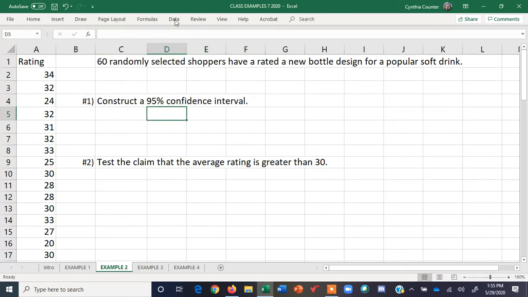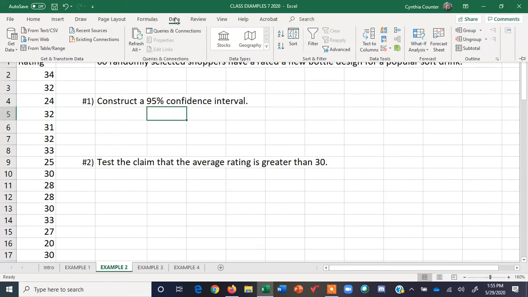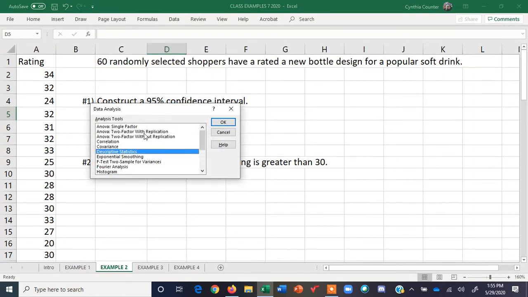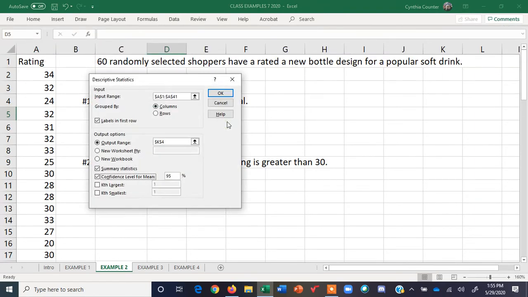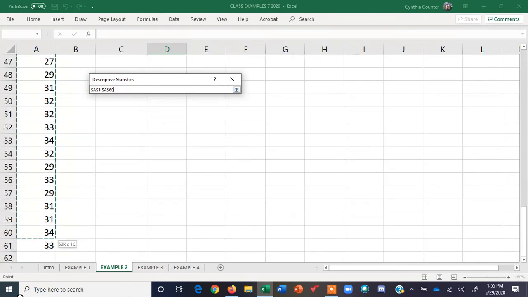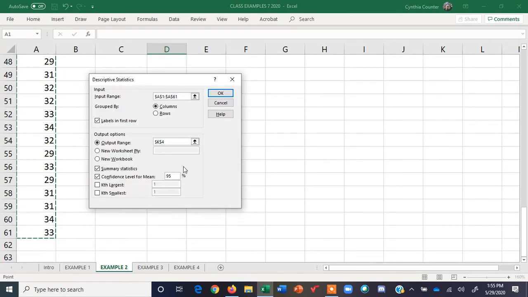So let's go to data, my data analysis, descriptive statistics. I have 60 samples this time, so I have to make sure that I have everything in here because now we're going all the way down to 61. I could have just changed the previous 4 to a 6 there. I have my labels in the first row.